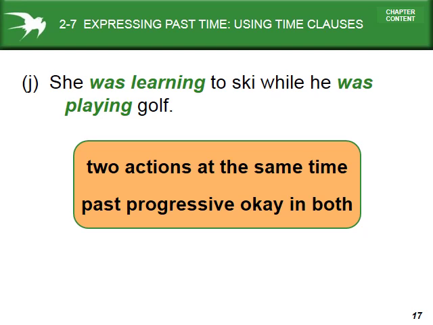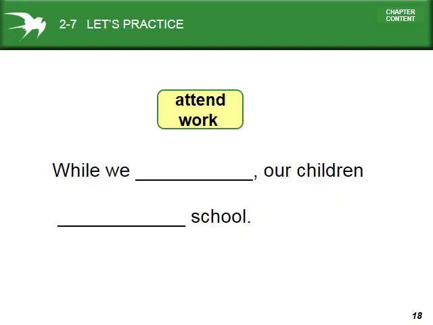We're not required to. I could write this same one as she learned to ski while he played golf, and the meaning is very, very similar. Okay? But we are allowed to use the progressive in both of them when we're using while, because while means at the same time.